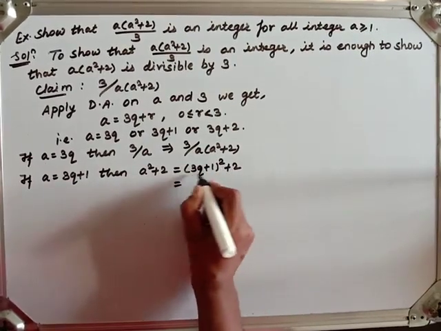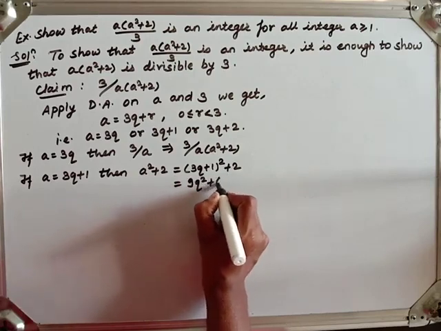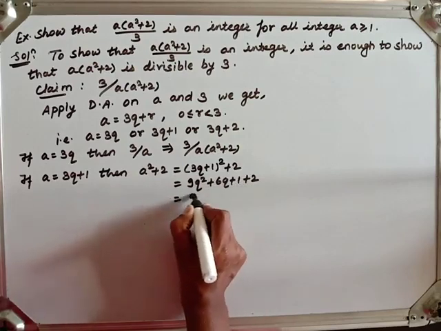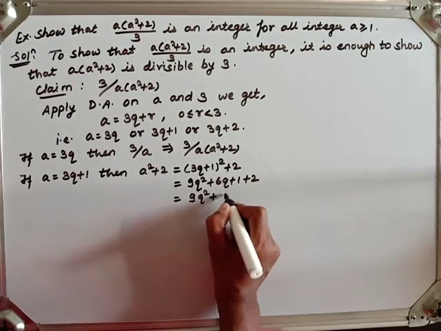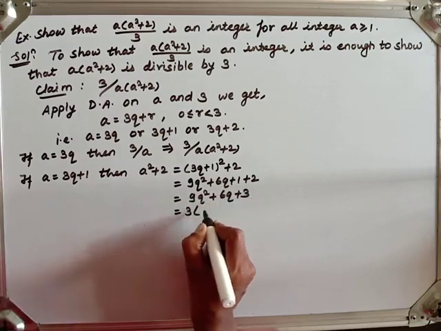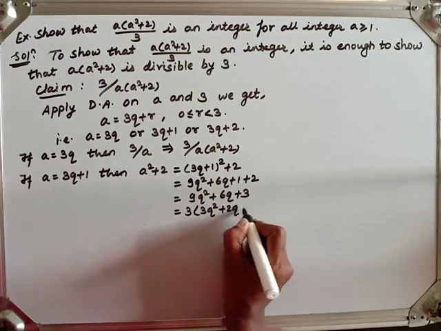Use a plus b whole square. So it will be 9q square plus 6q plus 1 plus 2. That is same as 9q square plus 6q plus 3. We can easily take 3 common here. It will be 3 times 3q square plus 2q plus 1.